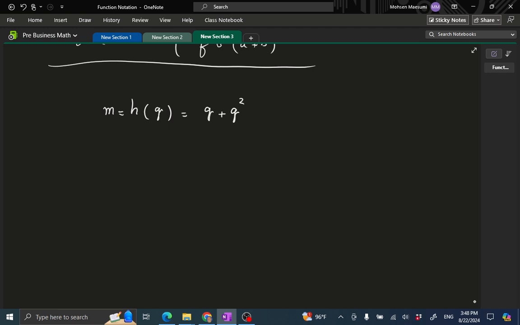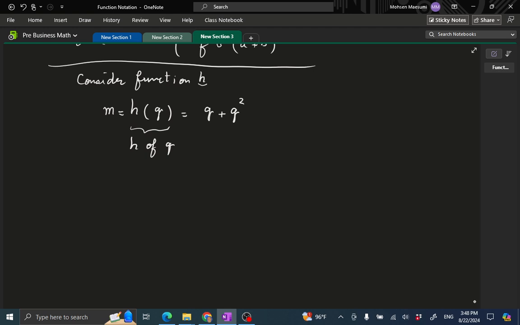So we might say here, just to make it clear, let's consider function h. So we are giving a heads up warning that h is the name of a function. So when we say h followed by parentheses with say q inside the parentheses, then we are going to read this thing as h of q. Not h times q, but h of q.